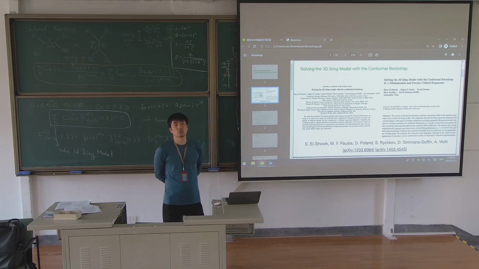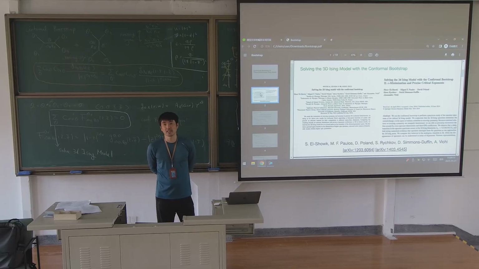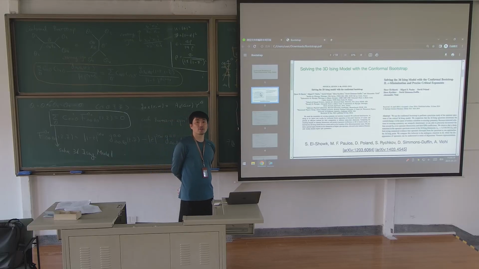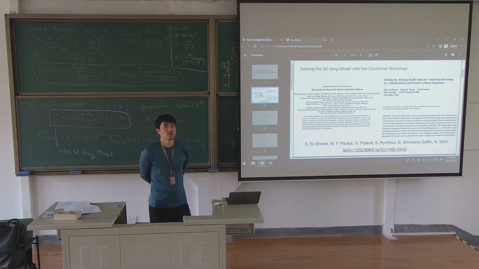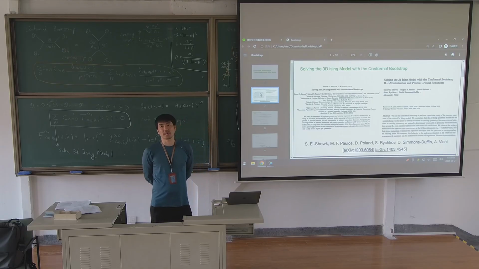Even before 2012, computer simulation, using Monte Carlo simulation, was used to understand what's going on in the 3D Ising model. They realized that the 3D Ising model at the critical temperature can have a conformal symmetry.